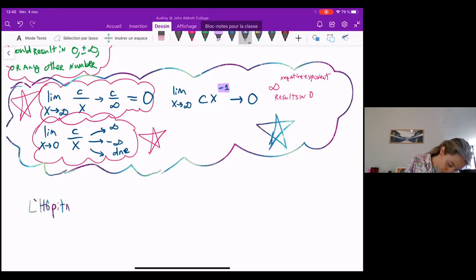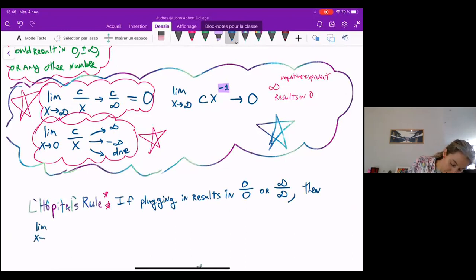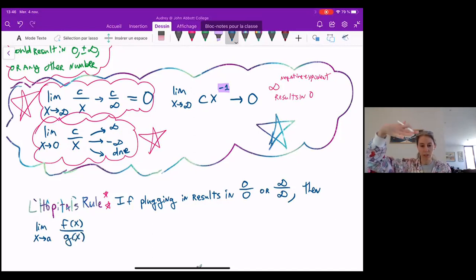L'Hopital's rule tells me that if plugging in results in one of those two indeterminate forms we just talked about, 0 over 0 or infinity over infinity, then the limit as x approaches a of f of x over g of x, so in other words, we got that infinity on the top and then the infinity on the bottom, or that 0 on the top and 0 on the bottom, so we have a ratio of functions.